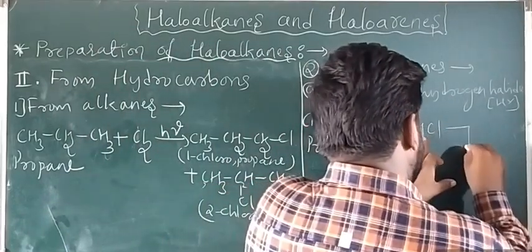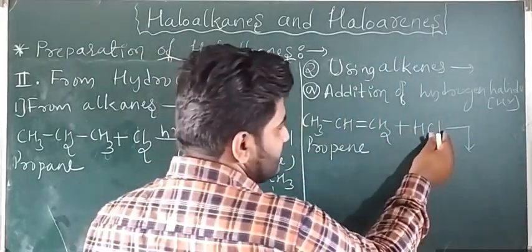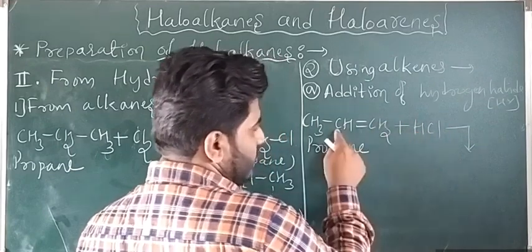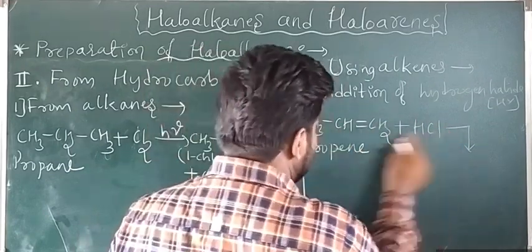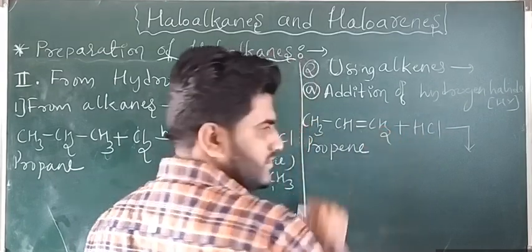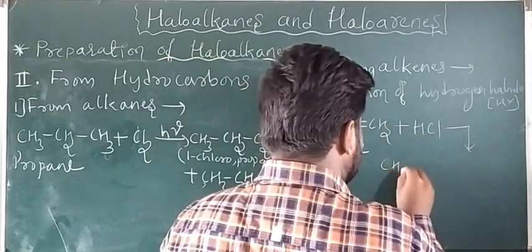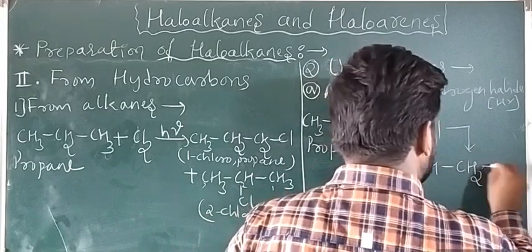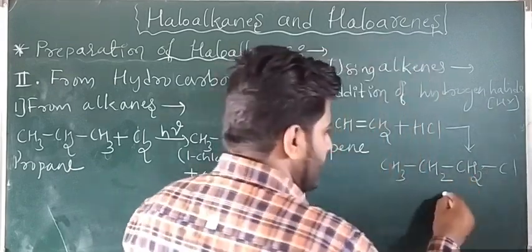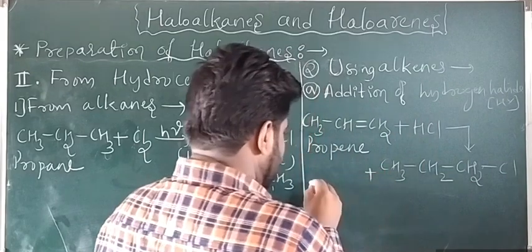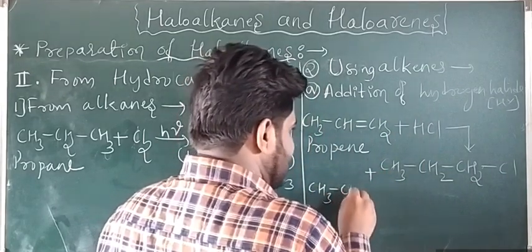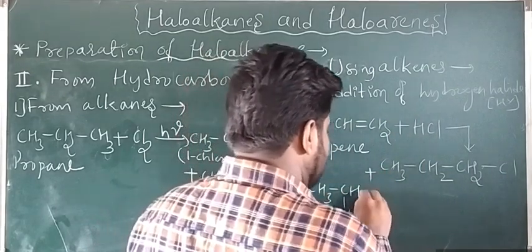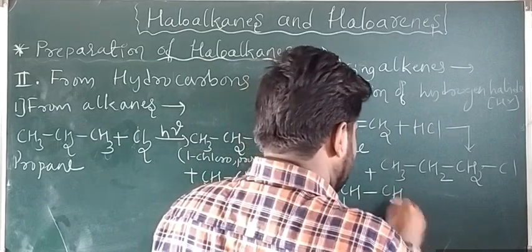So this one will yield two products. Look at here. This Cl may go here and H may go here. Or else this Cl may come to this carbon and H may come to this carbon. Look at here: CH3 single bond, CH single bond, CH2Cl, here H2. Another product: CH3 CH single bond Cl, CH3.